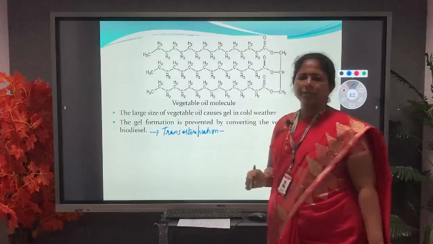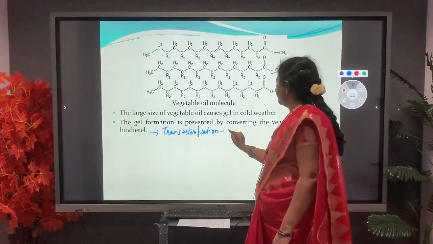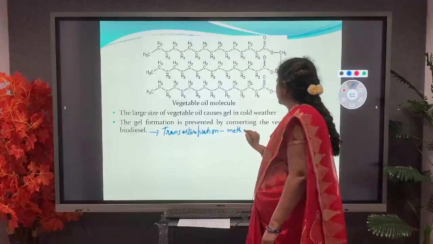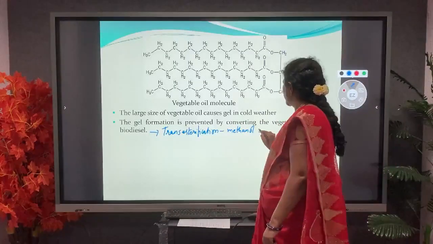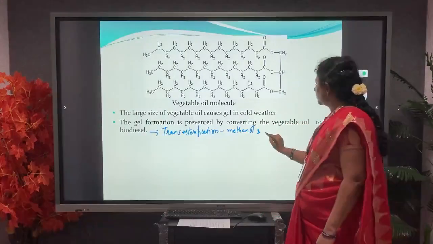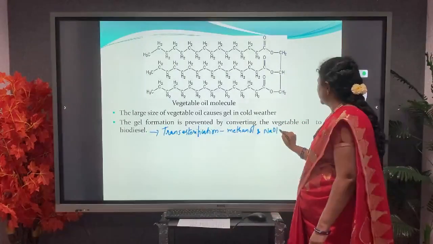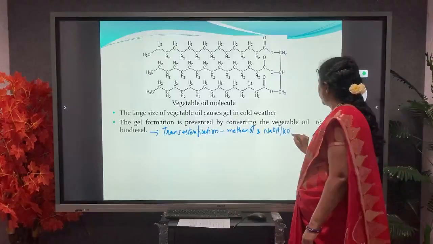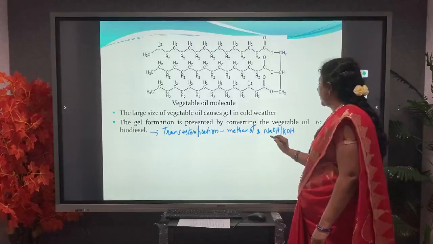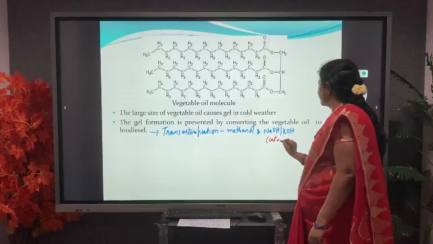This trans-esterification is carried out using methanol and sodium hydroxide or potassium hydroxide as a catalyst.